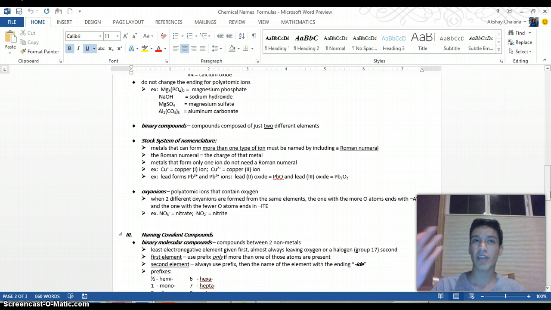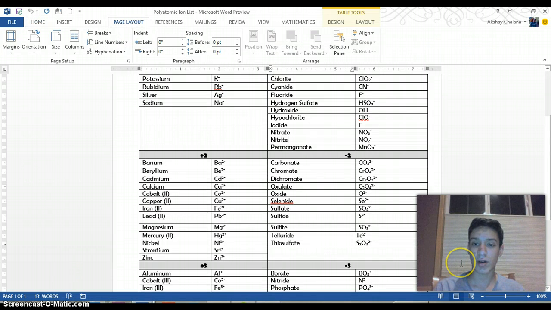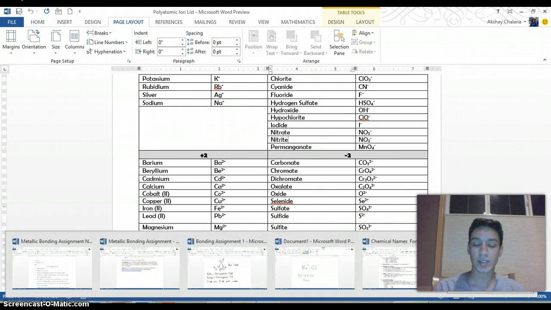The top is sulfate. Sulfur only forms one type, so it's sulfate. There's no sulfite, but there are certain types. Oh, there is a sulfite. Never mind, I take that back. It's SO3 rather than SO4, which has the same charge of 2 minus.